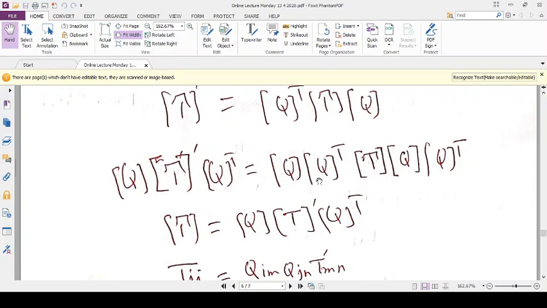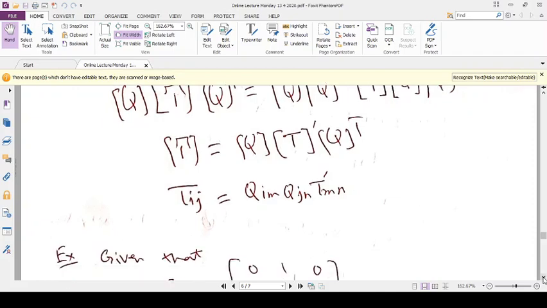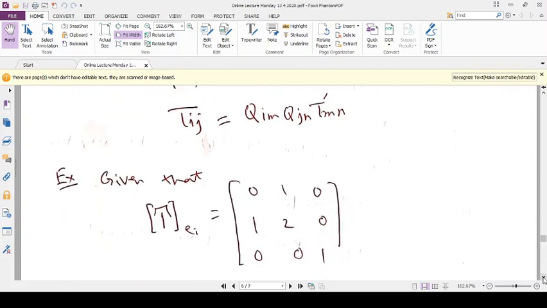Now this is an identity, this is again an identity, so you have T equals Q T dash Q transpose. So we can write this in index notation: Tij equals Qim Qjn T prime mn. Then simply you can move from dash to undash.